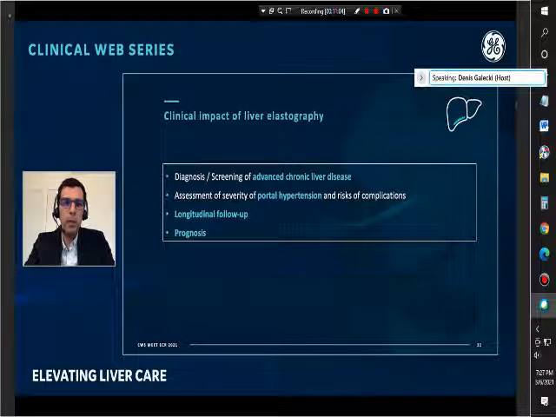Mainly regarding chronic liver diseases, it will be used for the diagnosis or the screening of advanced chronic liver disease, for the assessment of severity of portal hypertension and its risk of complications, for the longitudinal follow-up of patients, and even at the diagnosis for the prognosis of patients. We won't have time in this talk to develop all these bullets, but I will spend some time on the first point, the diagnosis and screening of advanced chronic liver disease.